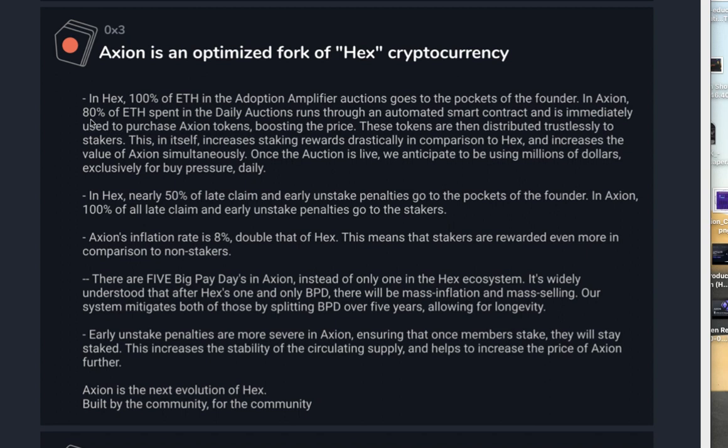In Axion, 80% of Ethereum spent in the daily auctions runs through an automated smart contract and is immediately used to purchase Axion tokens, boosting the price. And this is a wonderful feature, right? So instead of 100% of Ethereum going to auction for Hex to the origin address or the founder, whoever it might be, 80% of the Ethereum is actually going to go back to the stakeholders, the people that own the tokens and are staking.